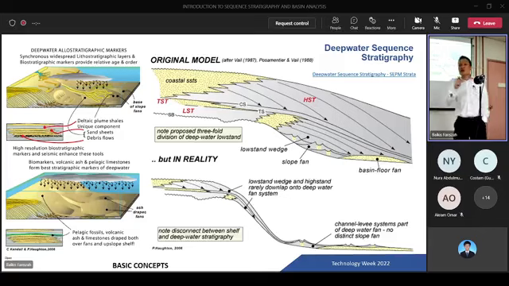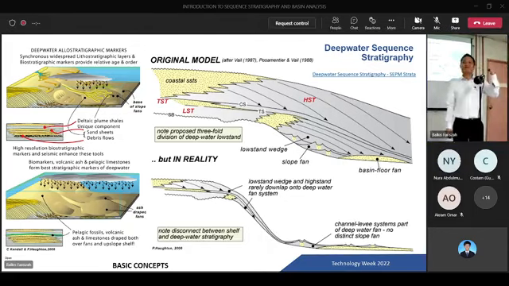So what controls the sediment supply? Anyone? What controls the sediment supply? Again, the climate. Because when you have the rainy season, what happens? Correct. Water is the best agent for erosion.